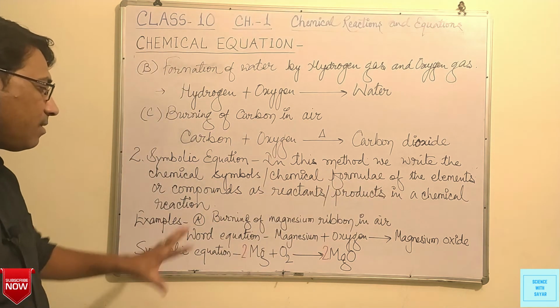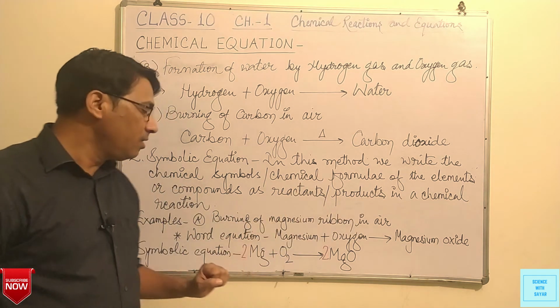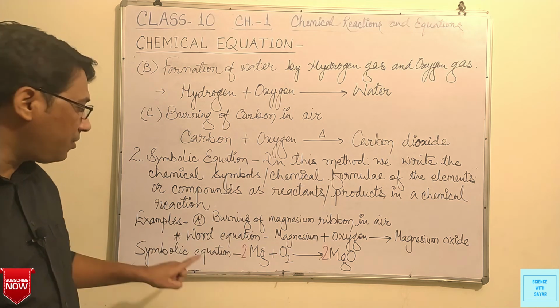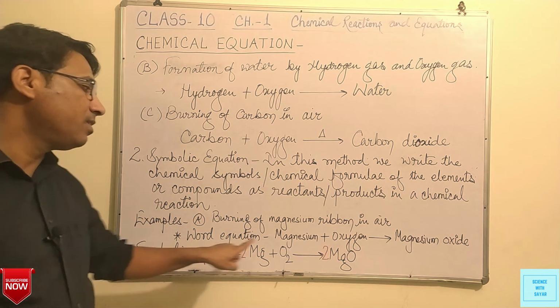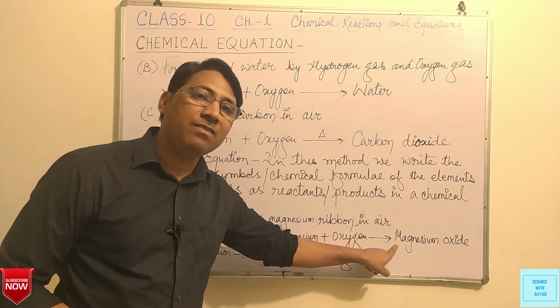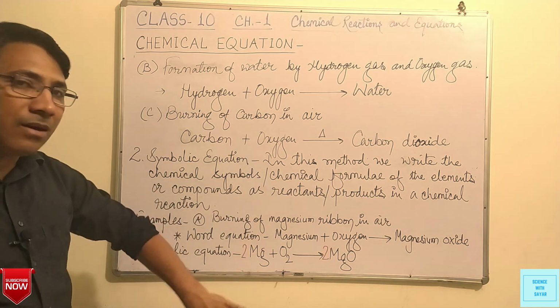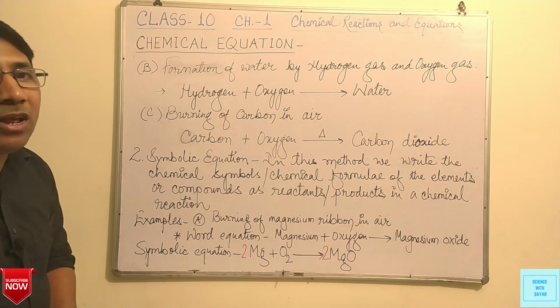For example, the first example we are taking is the burning of magnesium ribbon in air. This reaction can be written as a word equation: magnesium plus oxygen, and magnesium oxide is formed as a product. Now this word equation can be converted into a symbolic equation.